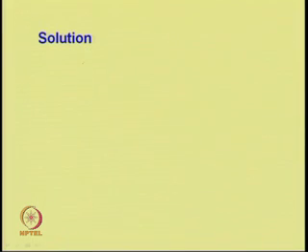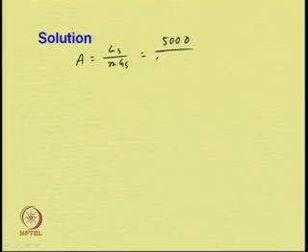Now, if we use the Kremser equation, A is equal to Ls by m Gs, which is 5000 by 1.1 into 4500, which is 1.01.